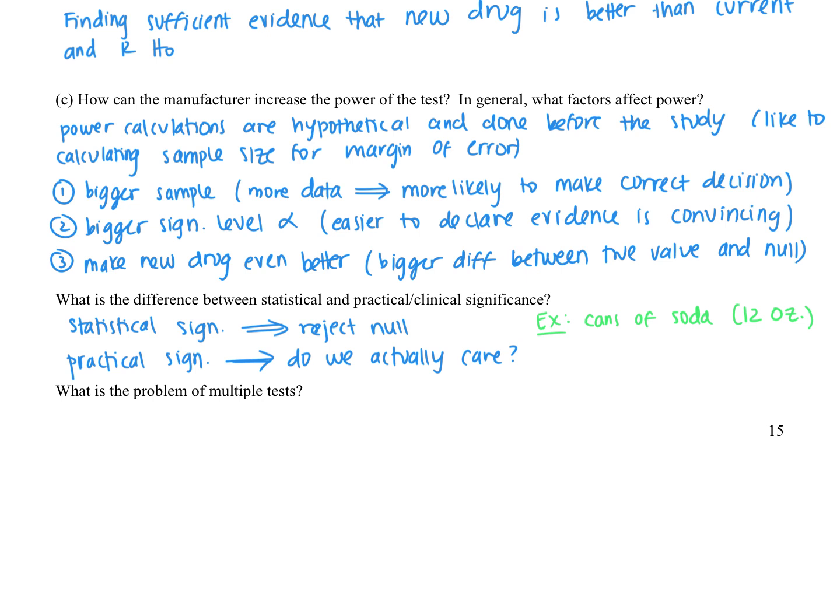You're making these cans of soda. So you're making cans of soda that have 12 ounces. If the cans of soda have less than 12 ounces, it's not enough soda. If they have more than 12, that could damage the can. They could explode, things like that. And so you want to know, you would do a test. Sorry, this is HA. To find out, is there evidence that the mean amount filled is not 12 ounces, that it's too little or too much?